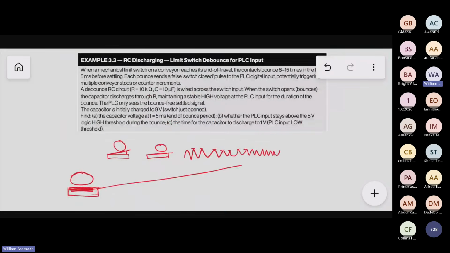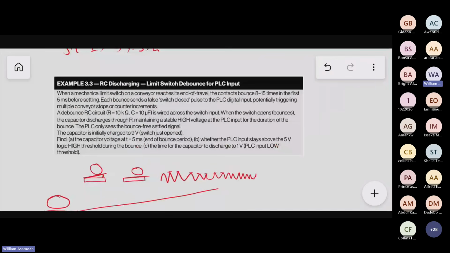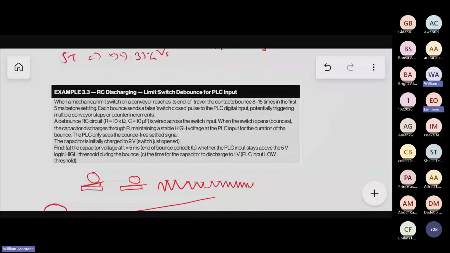So if it takes 200 milliseconds before it turns low, then by the time it turns low, all that bouncing period has elapsed, and so we wouldn't see any bouncing. The PLC inputs will see a very stable voltage. Please, do we get it? Yes, sir.